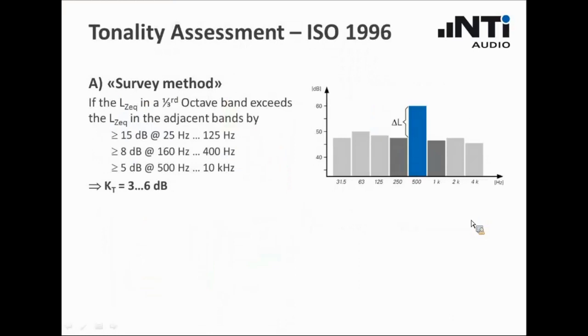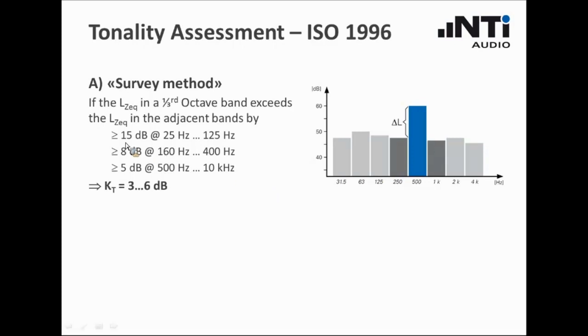So let us take a look at the standards. How do they cope with these challenges, with the detection of tones and impulses? First of all, we take a look at the ISO 19996, and here we have the so-called survey method, and that is exactly what I showed you before. The survey method identifies third octave bands that are standing out from the spectrum, which means that the level difference to the adjacent band is clearly measurable, detectable.